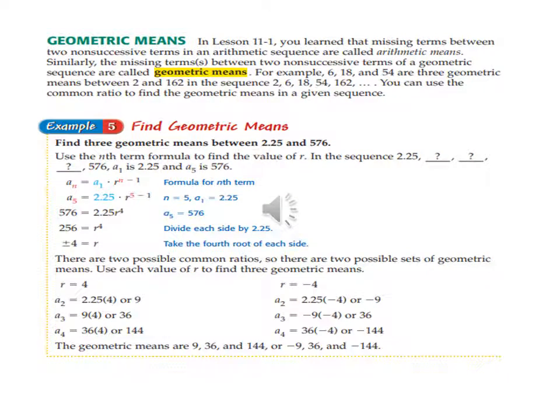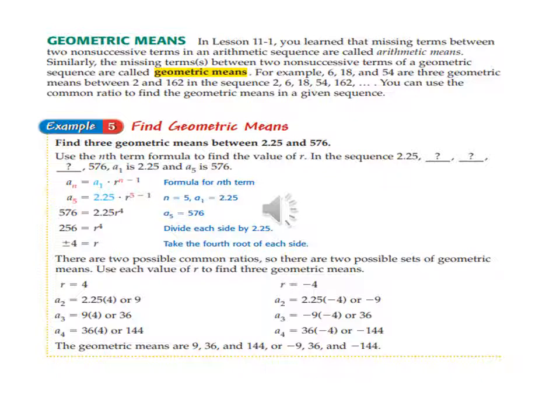Now, how can we obtain a geometric mean? You learned that the missing terms between two non-successive terms in an arithmetic sequence are called arithmetic means. Similarly, the missing terms between two non-successive terms of a geometric sequence are called geometric means.